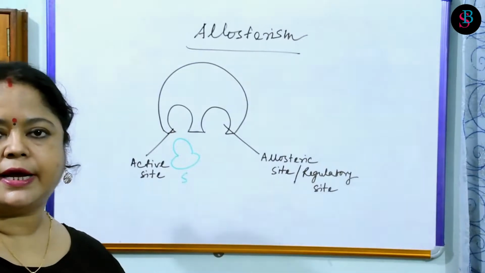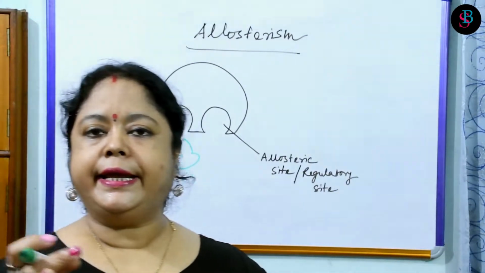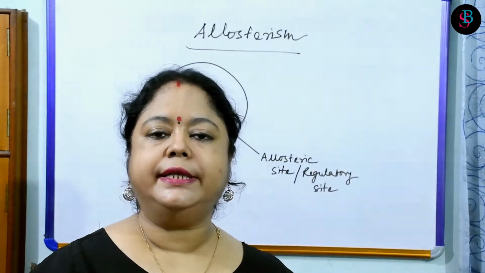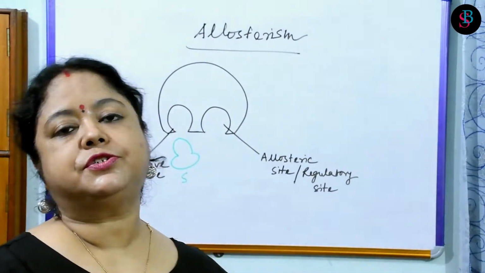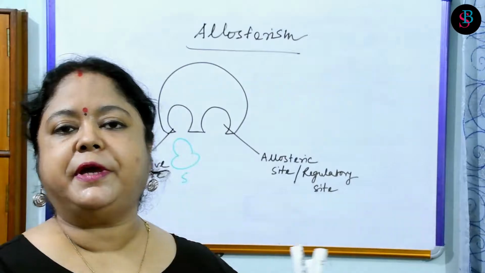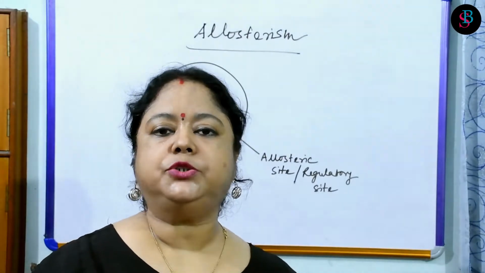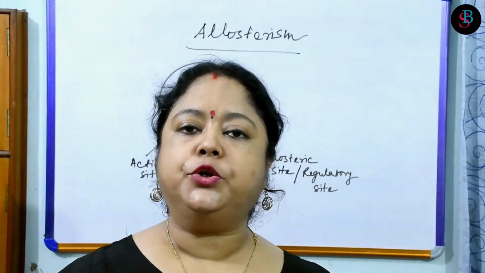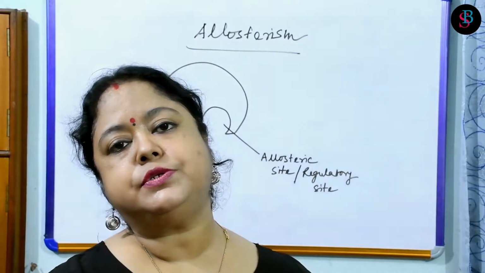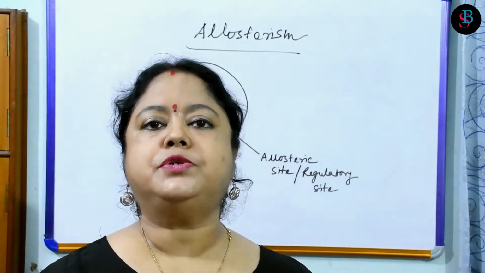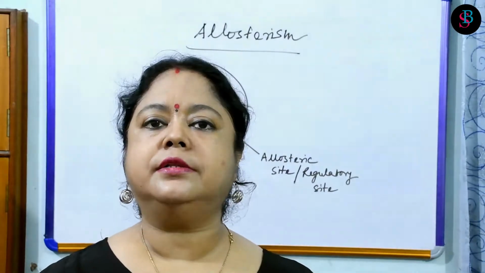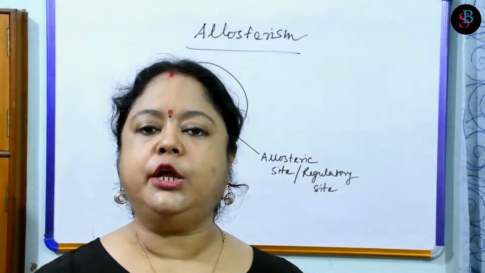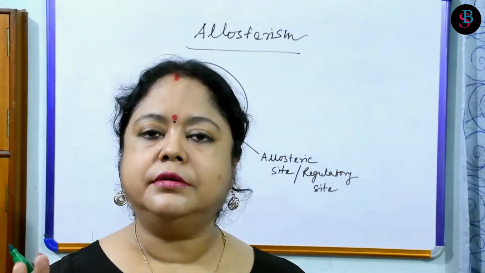In regulatory site, when any inhibitor or inducer will attach, then it will modify the structure of the active site. Then the structure of the active site is flexible and it is induced by the inducer or inhibitor. Inducer will modify it in such a manner that it can react and inhibitor will inhibit the reaction.